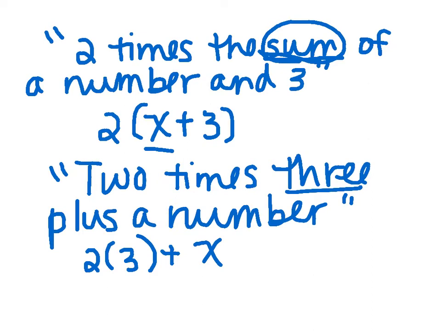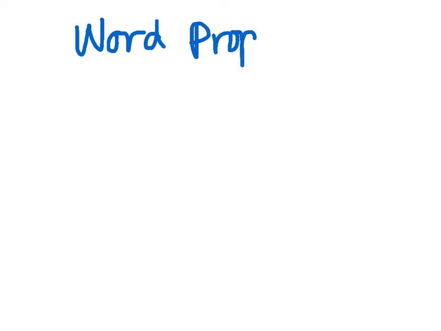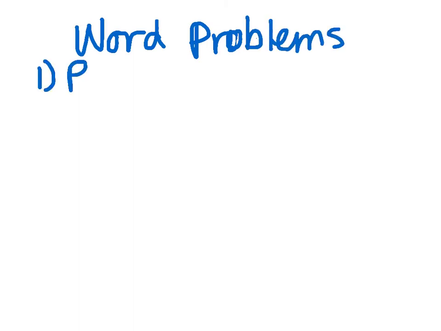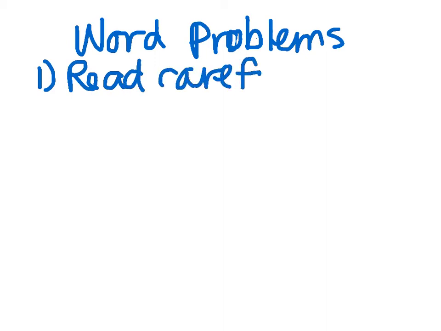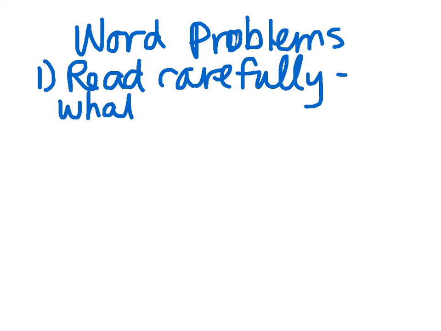Okay, on to word problems. Whenever I'm solving word problems, I just follow some basic steps. The first thing I want to do is read it carefully. And really what I'm reading for is, what is unknown?